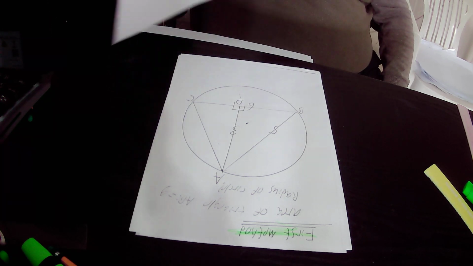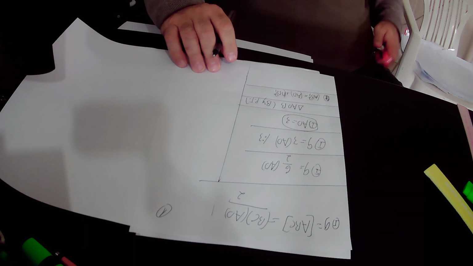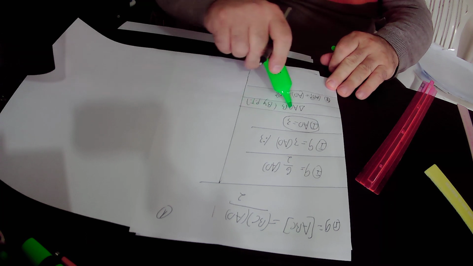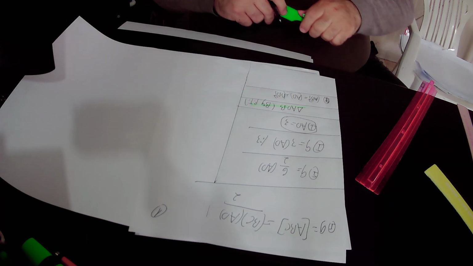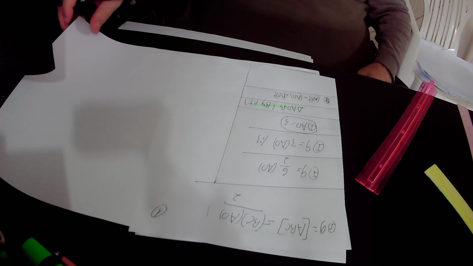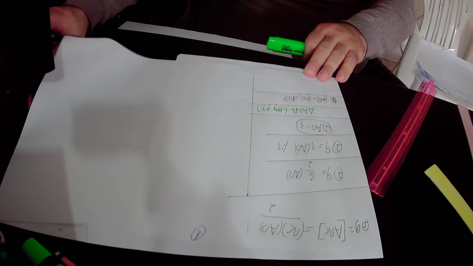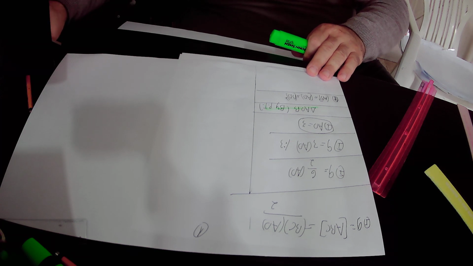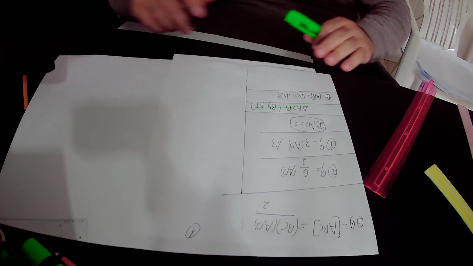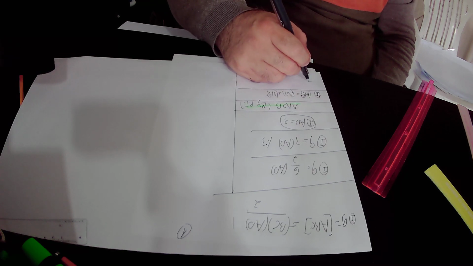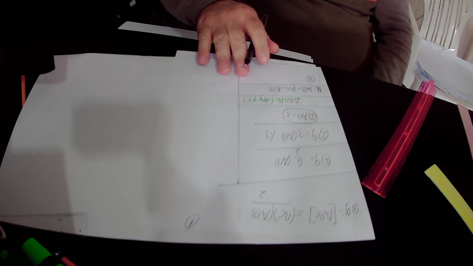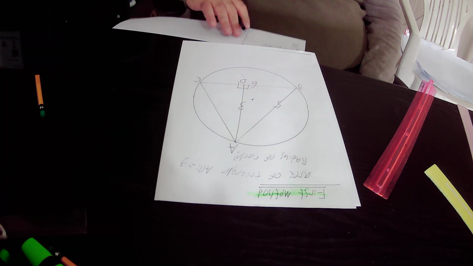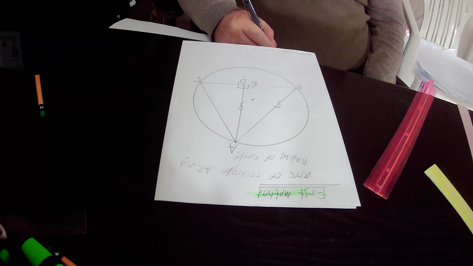I repeat again, in the right triangle ADB, according to the Pythagoras theorem, AB squared equals AD squared plus BD squared. So here, according to equation number 2, we get that AB is 5, so AB squared is 5 squared, that is 25.